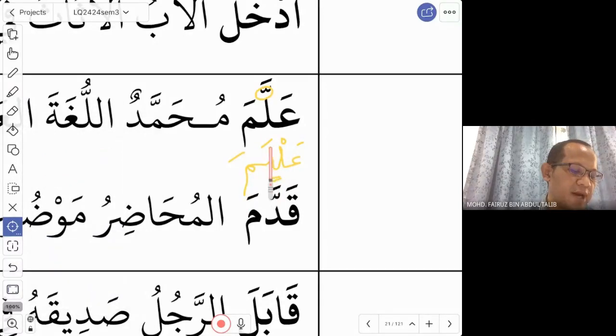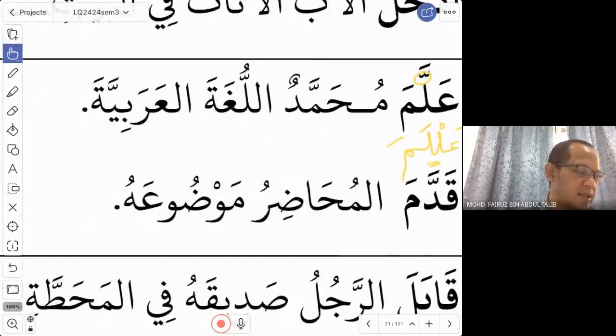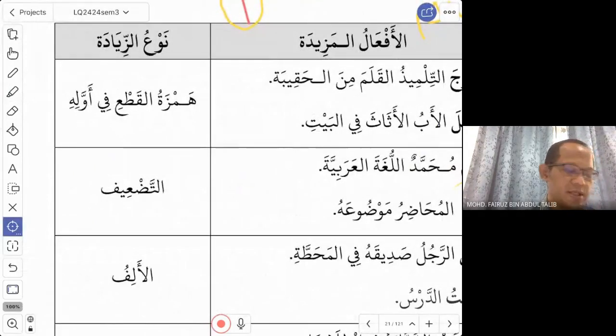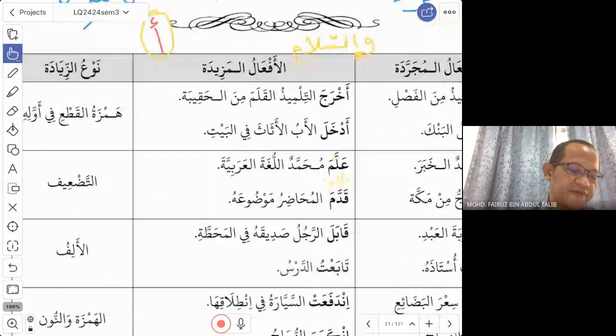So you have two lam, ain, lam, mim. This doubling process is called tad'if. Here we don't add any specific letter, we double the middle letter. If it is lam, you add another lam. If it is, for example, dal, you add another dal. They are the same letter. So this is what is meant by at-tad'if.